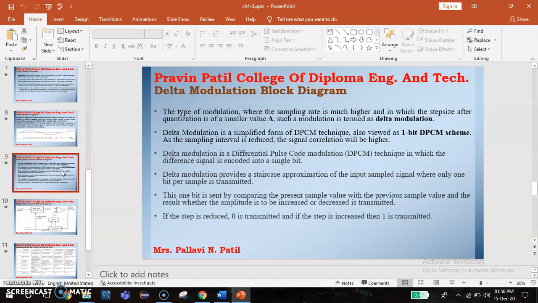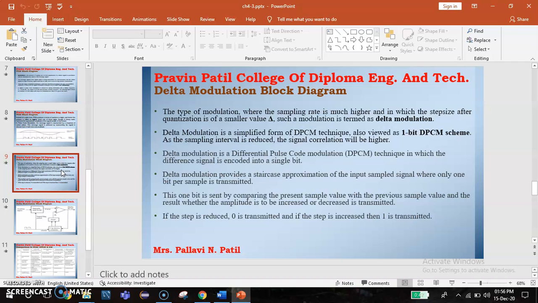Delta modulation is a differential pulse code modulation technique in which the difference signal is encoded into a single bit. Delta modulation provides a staircase approximation of the input sampled signal when only one bit per sample is transmitted.